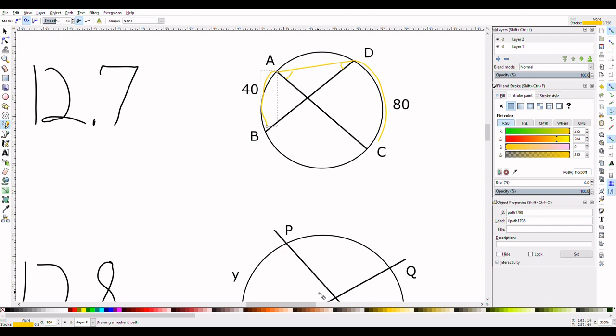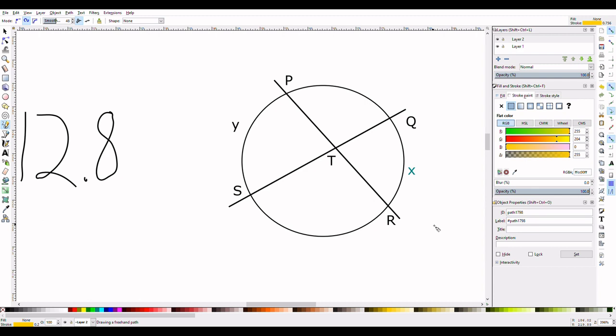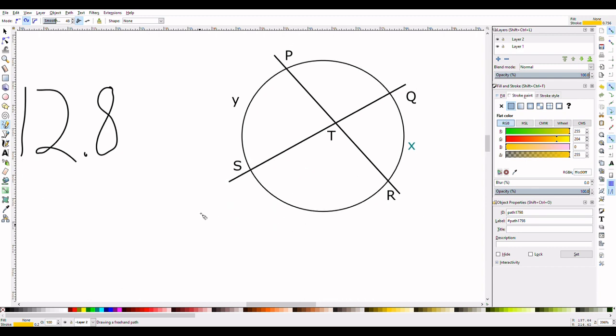When we abstract out from problem 12.7, we can see a general solution. On this next problem, 12.8, it's the same as the previous problem, except we put a y for 40 and an x for 80. And it's still quite simple.